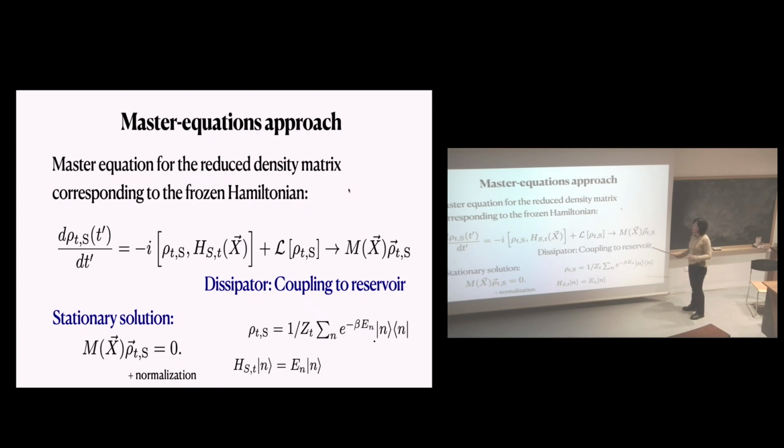But this can be rephrased, as Johannes was explaining yesterday, in terms of a vector, since the matrix elements of this density matrix can be reorganized in the form of a vector.